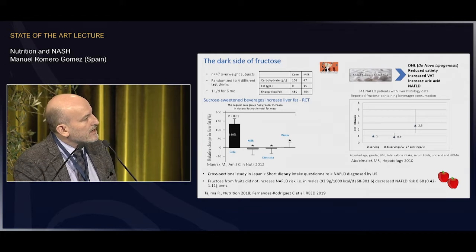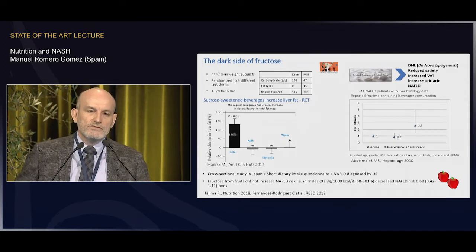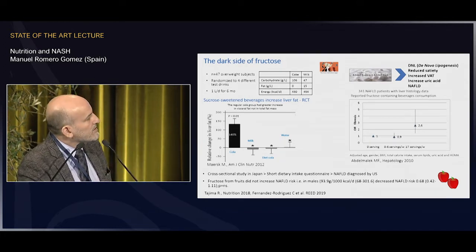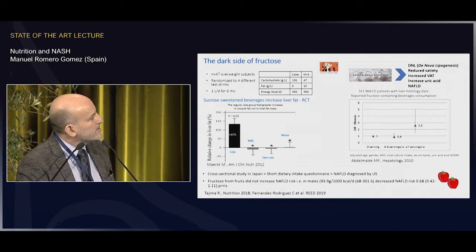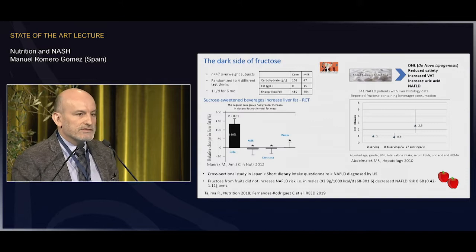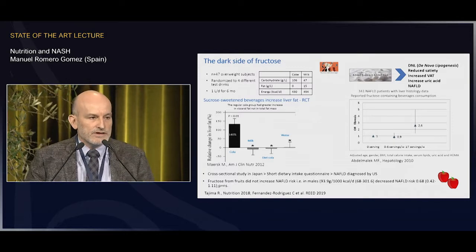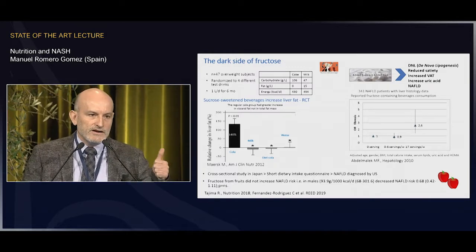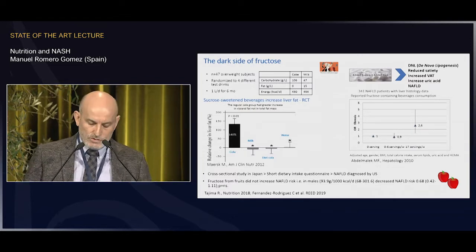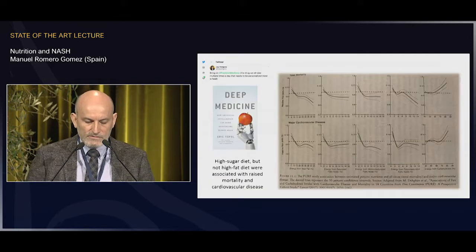If you analyze a large amount of fructose eating fruit, for example, you can see that eating 93.9 grams, in the upper tertile per 1,000 kilocalories every day, you can decrease the risk of NAFLD by 0.68. It's not significant, but it's a clear trend. That means fructose is very harmful, but just industrial fructose, we don't need to keep in mind what is happening with fructose from the fruit.